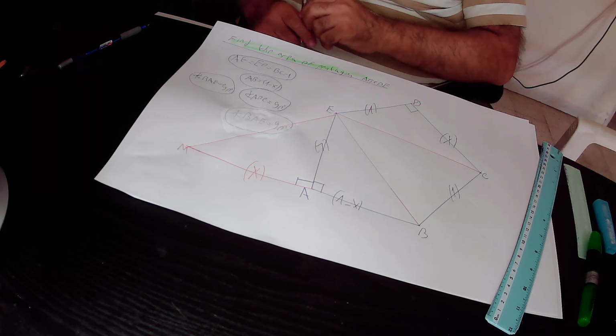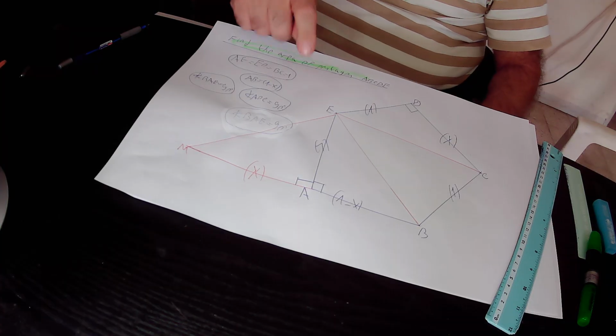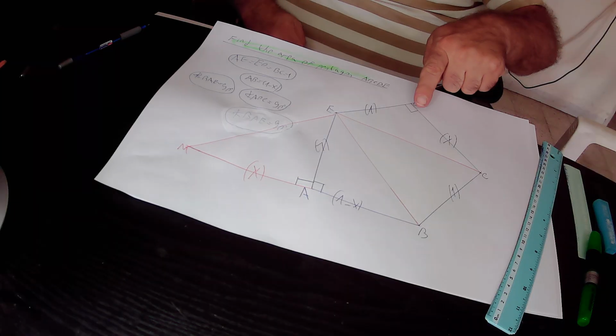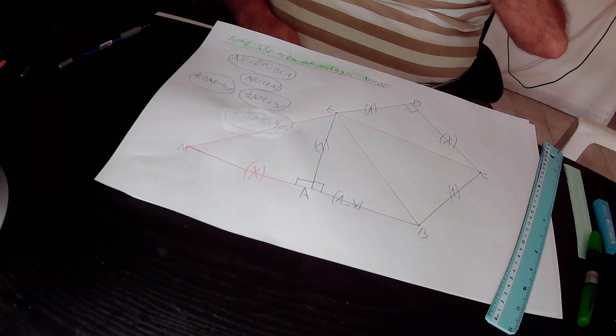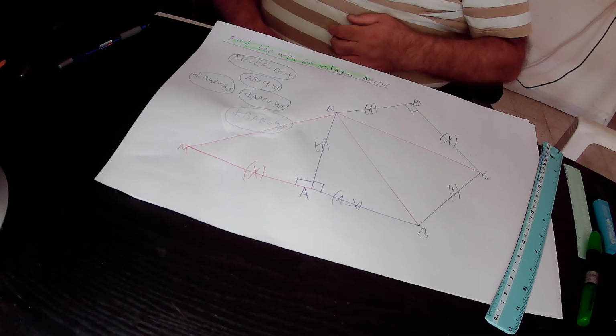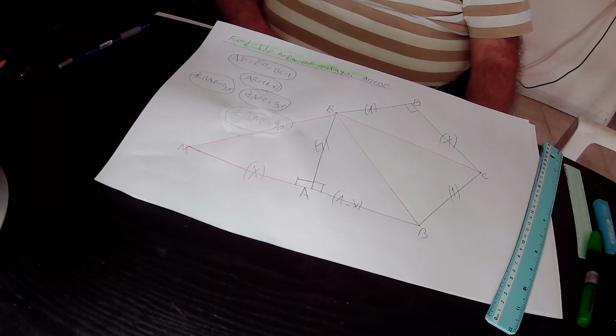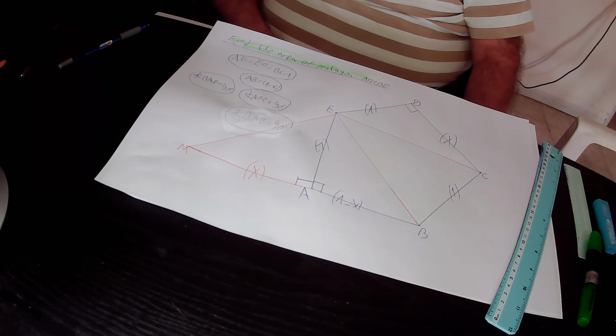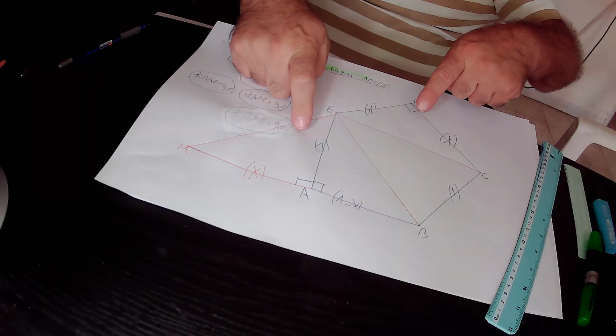So in the next step, we will prove that this right triangle EAM can go into this right triangle EDC according to the side angle side rule. So we copy those two right triangles. We prove that they can go into each other according to the side angle side rule.